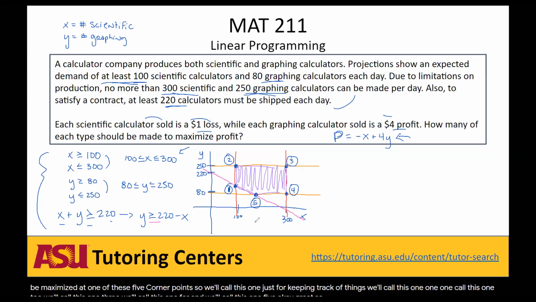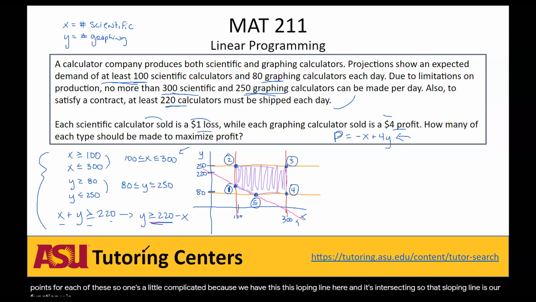So what we want to do is figure out the points for each of these. Point 1 is a little complicated because we have this sloping line here, and it's intersecting. That sloping line is our function y is less than or equal to 220 minus x, and it's intersecting with x equals 100.